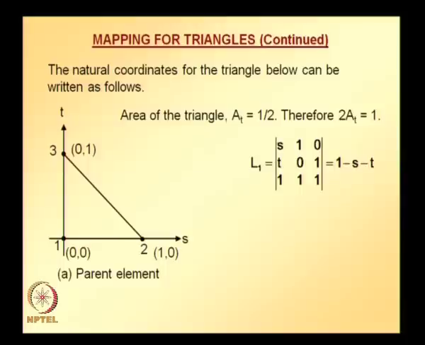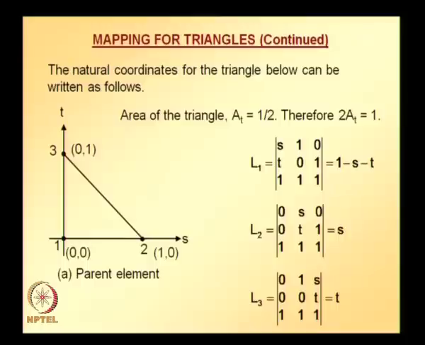Since total area is equal to 1, the denominator is going to be 1. So, L1 is given by this, L2 is given by this, L3 is given by this.